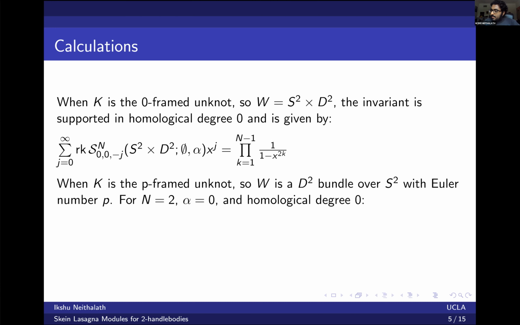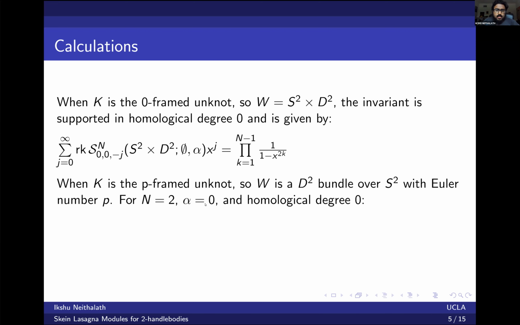So let's now focus on the case when capital N is equal to 2. In other words, that's the case of the GL2 theory, the original Khovanov homology theory. Let's set this parameter alpha, which corresponds to the homology classes of the surfaces that we're considering, equal to 0. So we're only considering null homologous surfaces, and remember, the surfaces can be disjoint, so we can have surfaces with interesting homology classes as long as they come in pairs that cancel, for example.